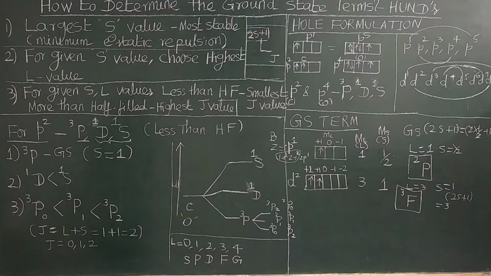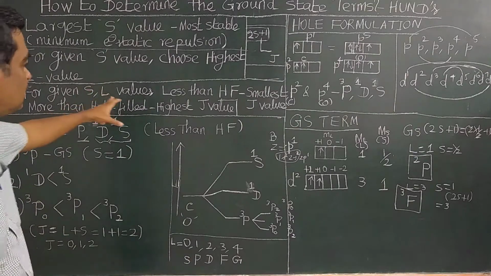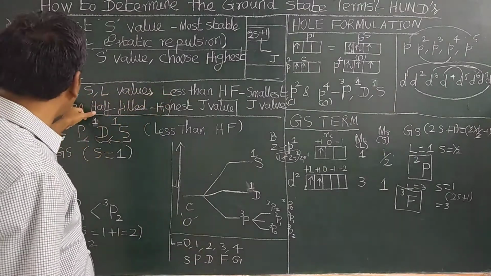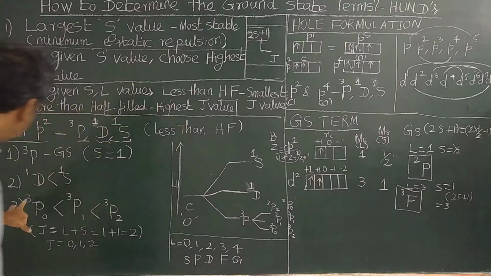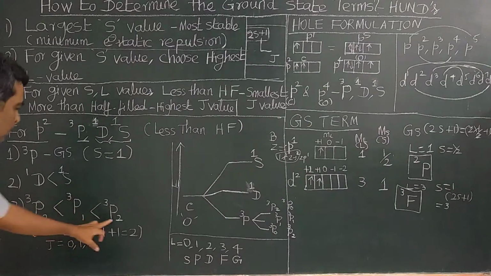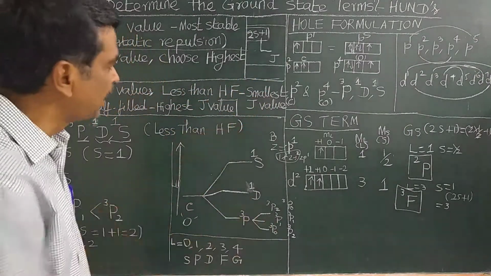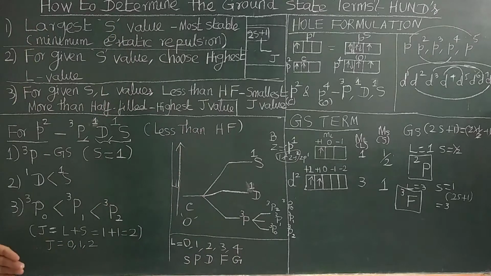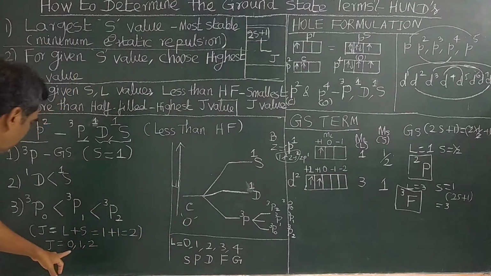Now which is the ground state? Let us apply the third rule again. For given S and L values, all the states have the same S and L, but only the J value is different. Depending upon the J value, it will decide the ground state and excited states. J equals 0, 1, 2.